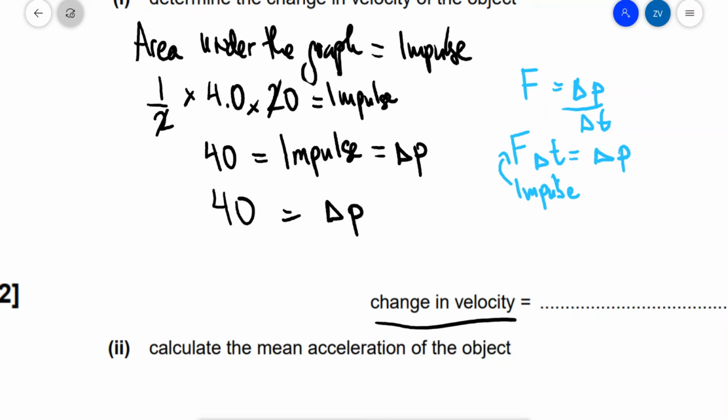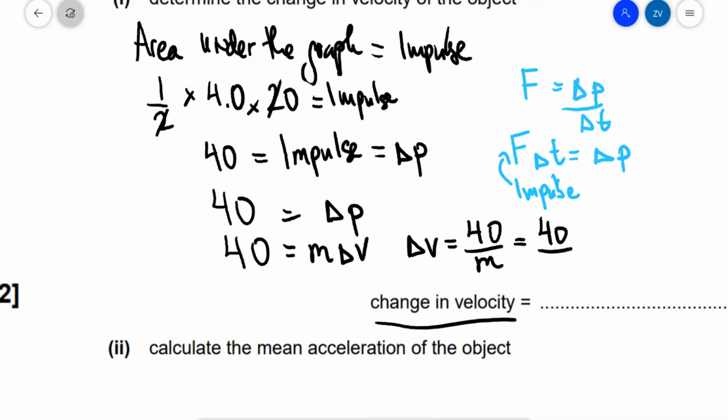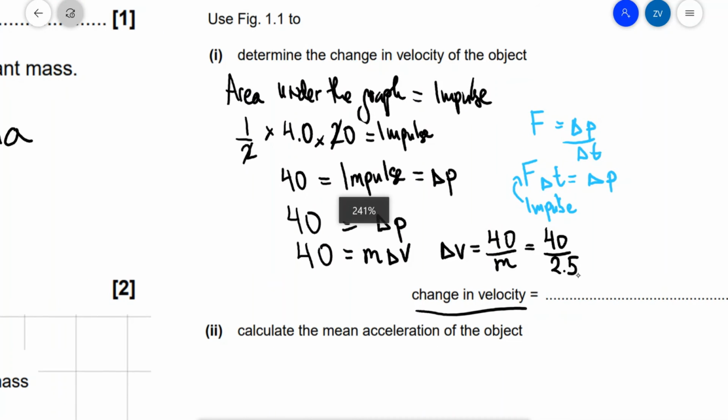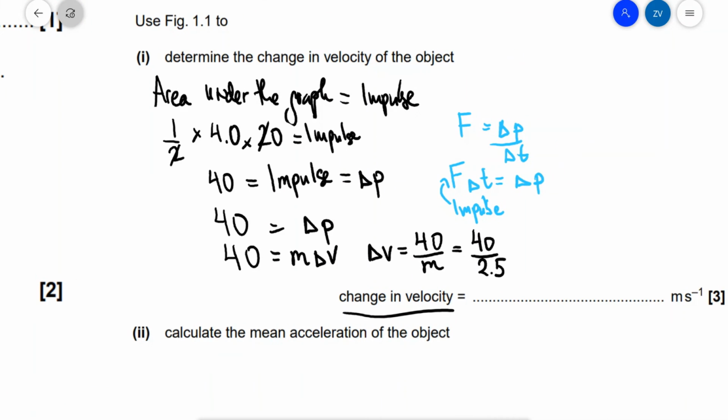So because the mass is constant, 40 will be equal to the mass times the change in velocity, i.e. the change of velocity will be equal to 40 divided by the mass. The mass in this question is equal to 2.5 kilograms. So that's going to give us a change of velocity, which is equal to 16 meters per second.